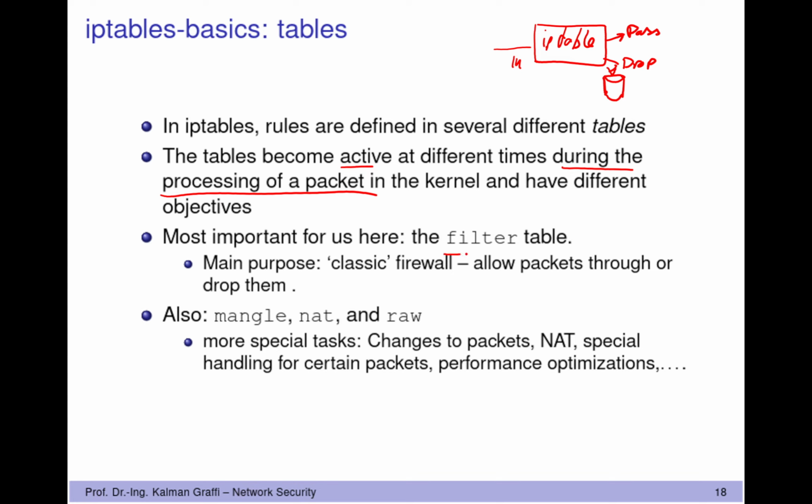For us, it is important to get a filter table that really acts as this filter functionality. There are also some other tables, such as mangle, nat, or raw. One is to change packets for some purposes. For example, you could modify specific header fields.